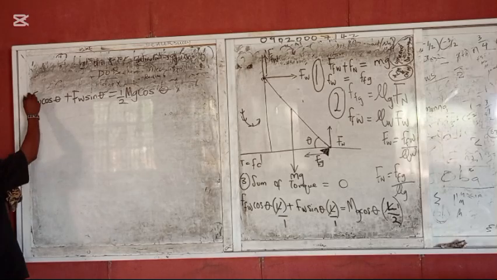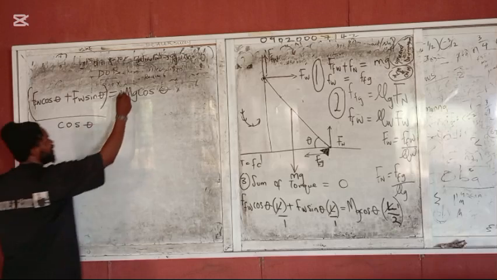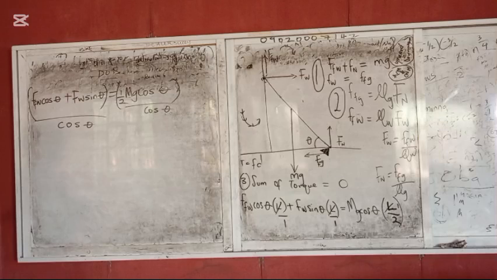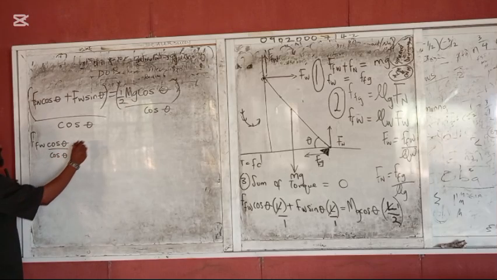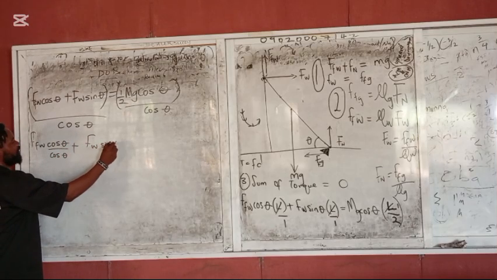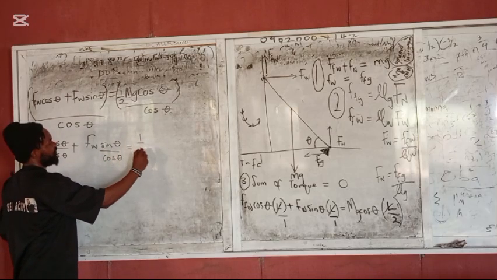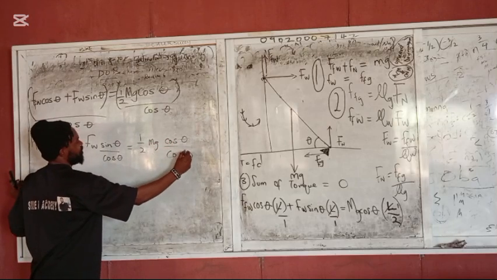Let's say we divide both sides by cos theta. It will still give us the same thing you're talking about. Yes, sir, because this time becomes FFW cos theta divided by cos theta, plus FW sin theta divided by cos theta is equals to half mg cos theta divided by cos theta.